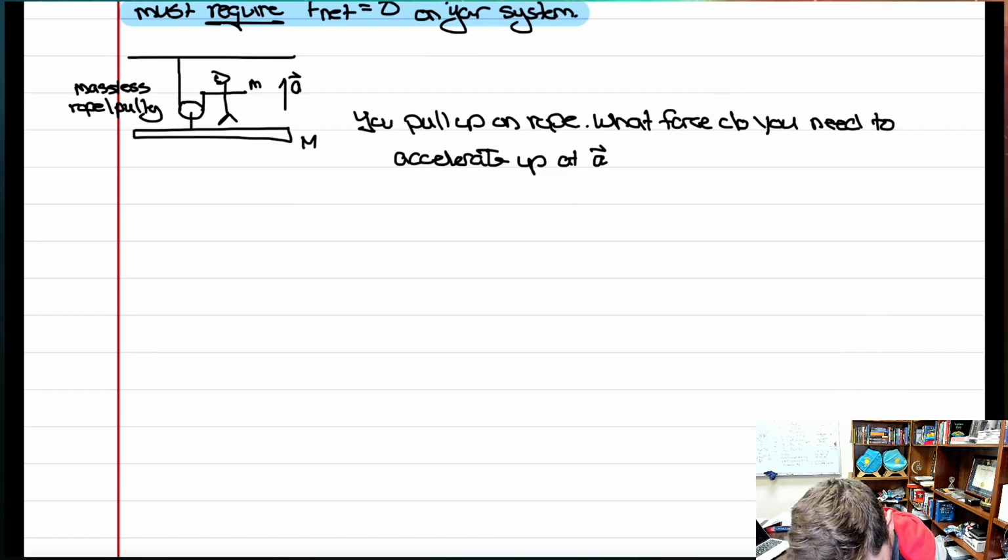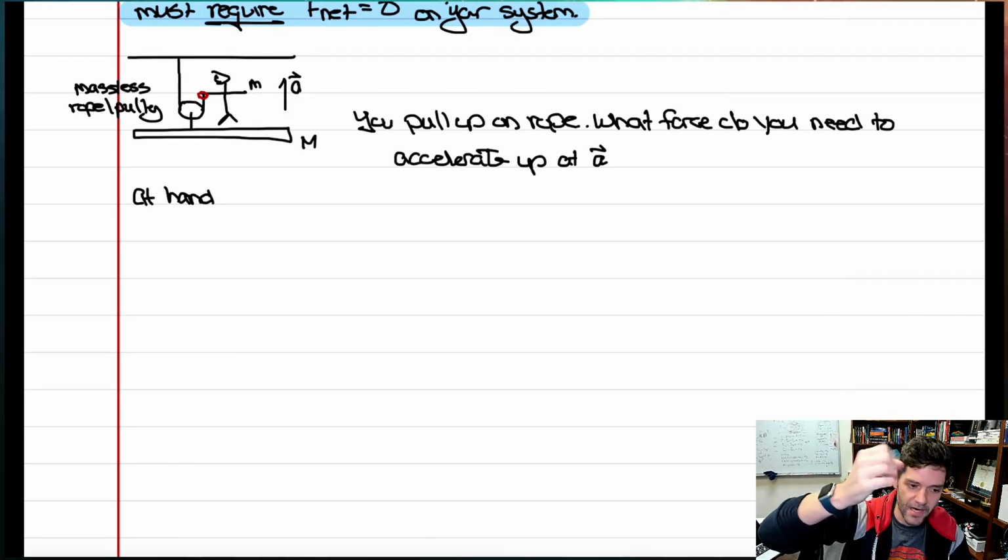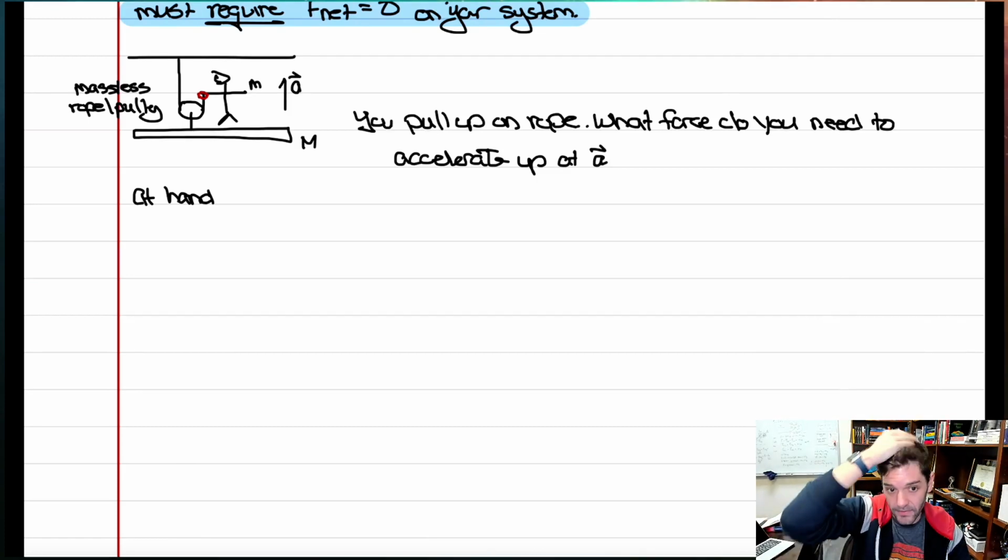Let's first do a system that is just the piece of rope that comes in contact with your hand. So at the place where the rope comes in contact with the hand, also notice this entire problem is vertical. I'll write things as vectors to start, but all this motion is vertical as well.